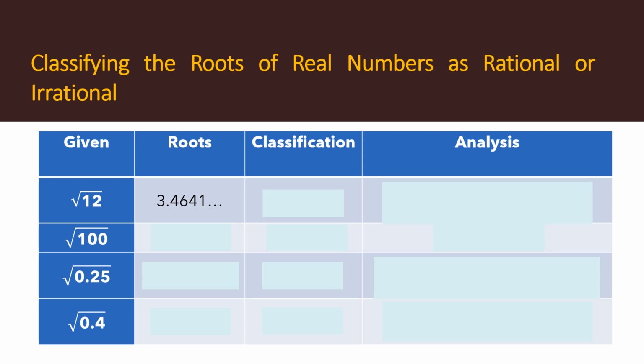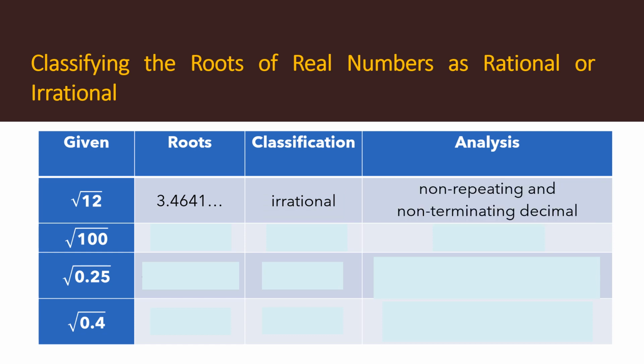Is it rational or irrational? It is not a perfect square, and as you can see here, it is a non-repeating, non-terminating decimal. So is it rational or irrational? It is irrational. In our analysis, the given root is a non-repeating and non-terminating decimal.